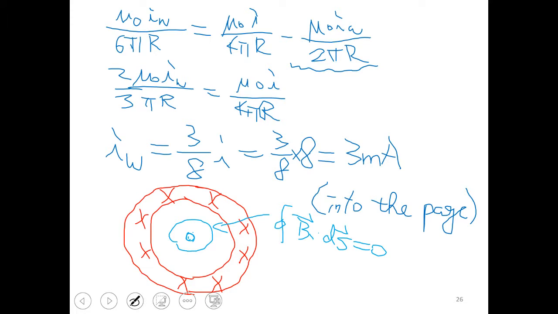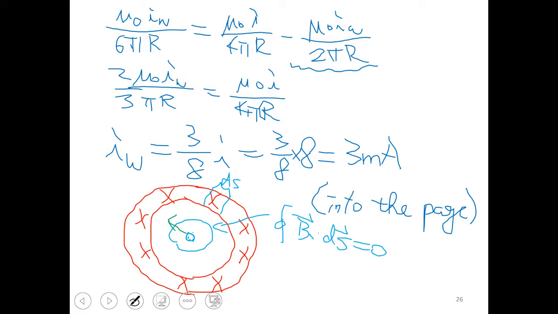Or you can imagine, from another point of view, you have a ds here. For this one, the current is into the page. So using the right-hand rule, the magnetic field will point in this direction.